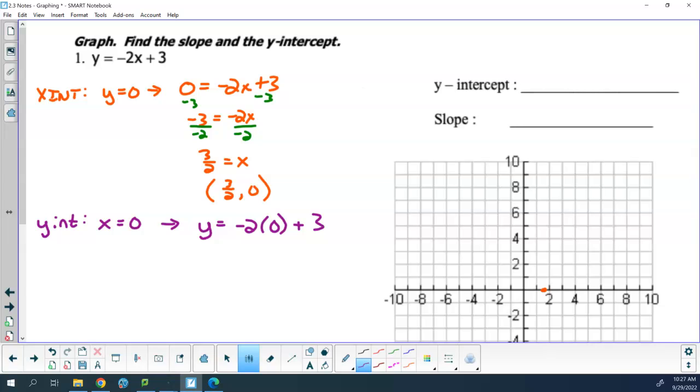Negative 2 times 0 is 0, plus 3 is 3. So that is going to be of the form 0, comma 3, which also happens to satisfy that one. 3 is right there.